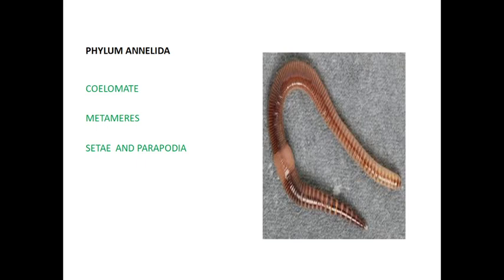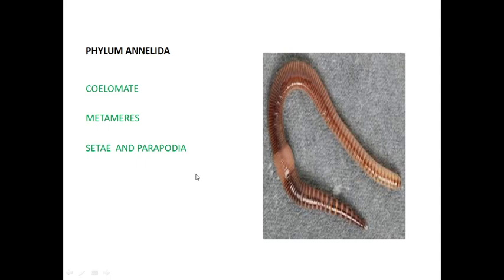and the body is segmented into many parts called metameres, with separate ring-like structures called annuli. It is covered by a thin cuticle, and setae and parapodia are present.